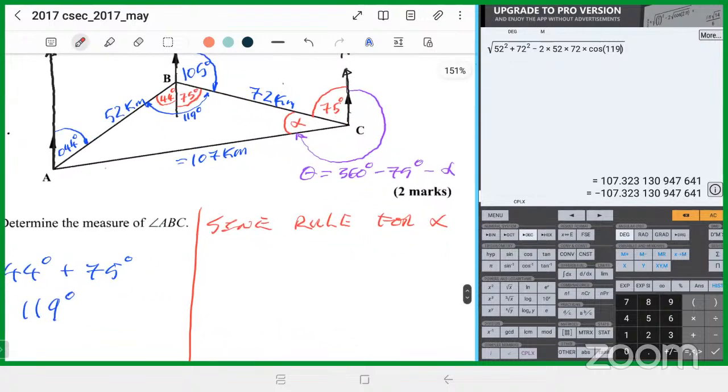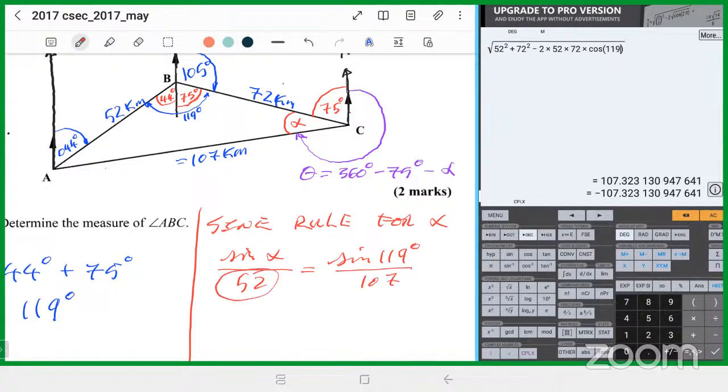Start with what you want. Sine of the alpha over the side opposite the alpha, which is 52. Sine of alpha over 52 equals sine of the angle that you know. The angle that you know is 119, over the side opposite, which is 107. So it's sine of the 119 degrees over the 107 opposite to it.